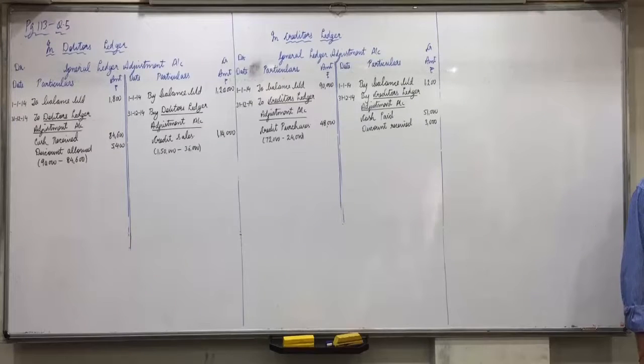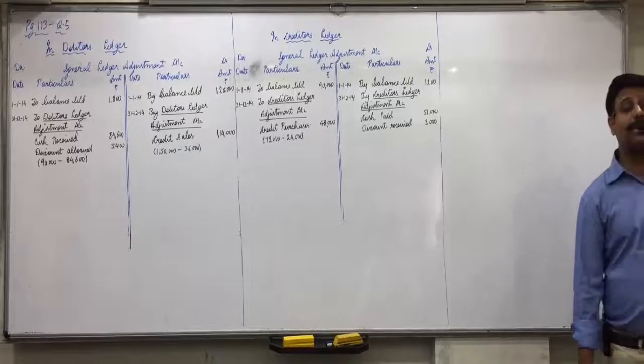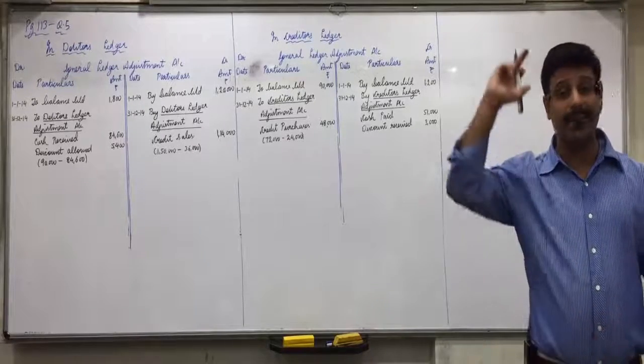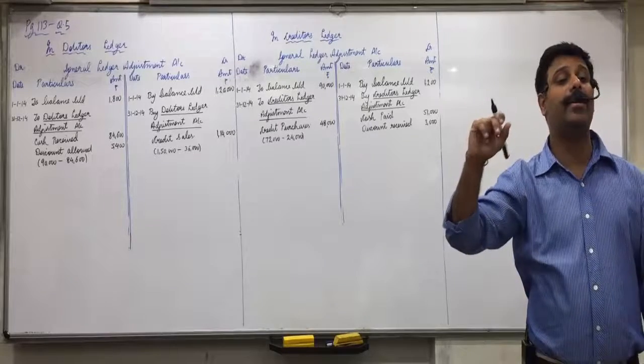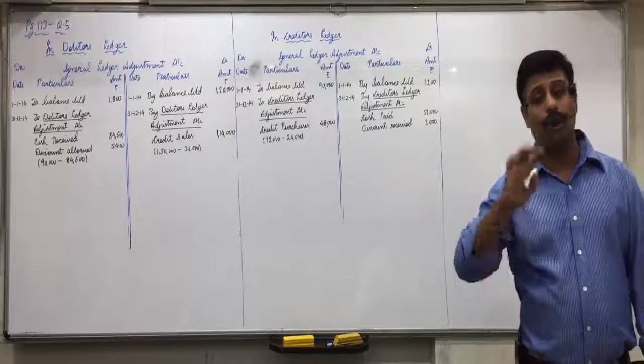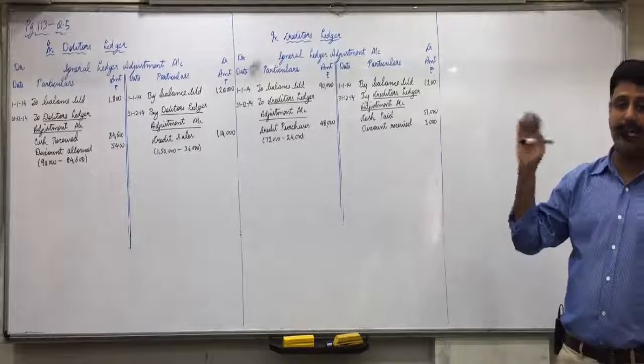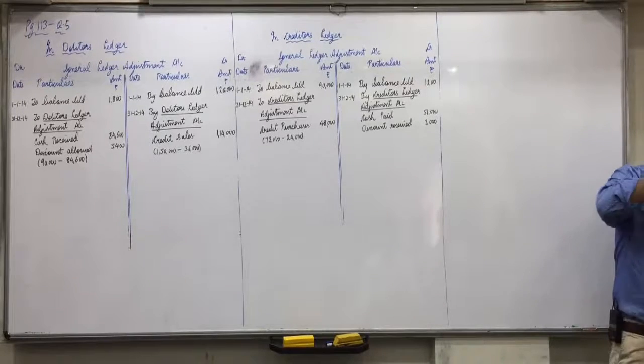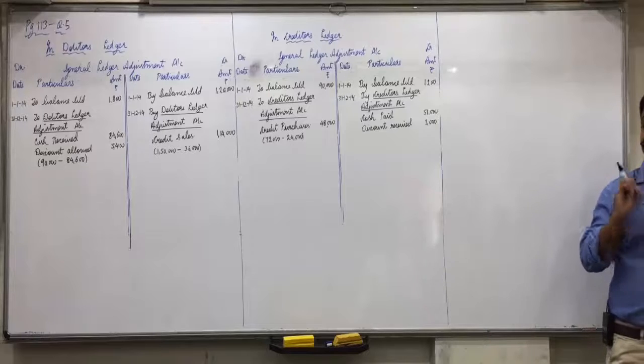Next. Bills payable accepted, underline including renewals. You remember this important point I discussed in the last lecture? Including renewals means that in renewals the third hidden entry will come or not come? Not come, because in bills payable renewals are already included. So for bills payable accepted, 12,000.